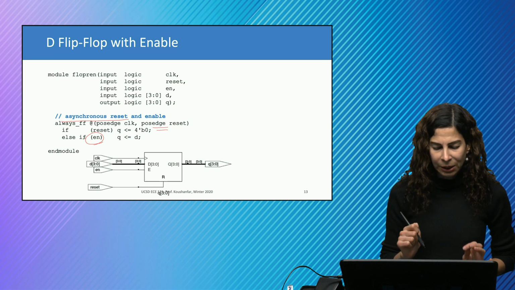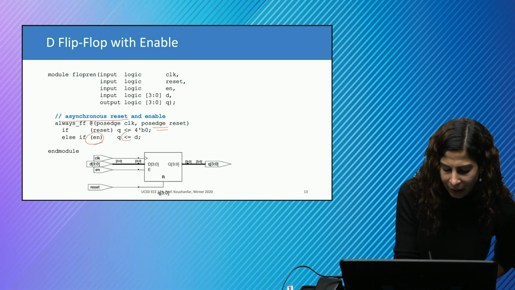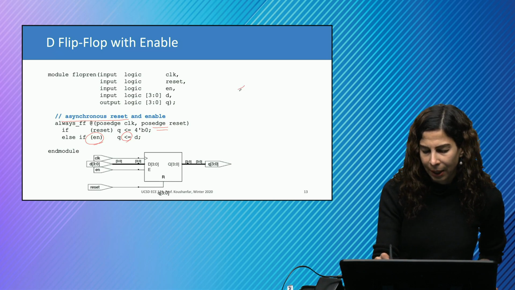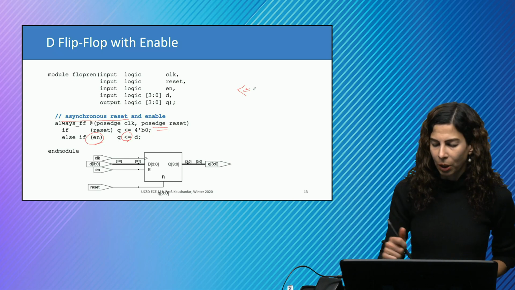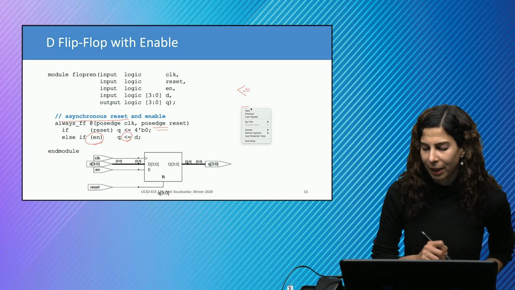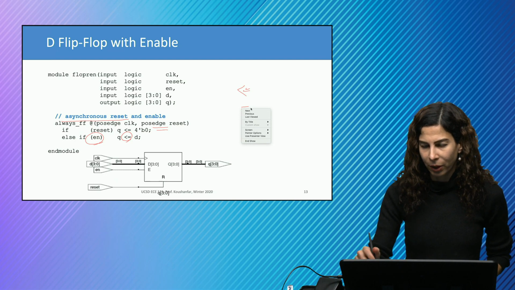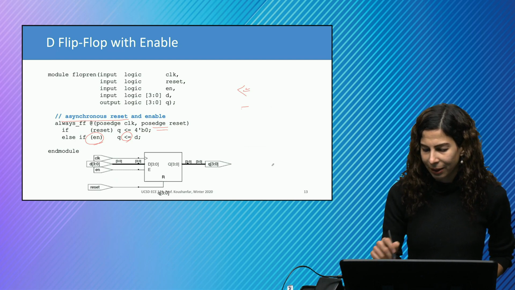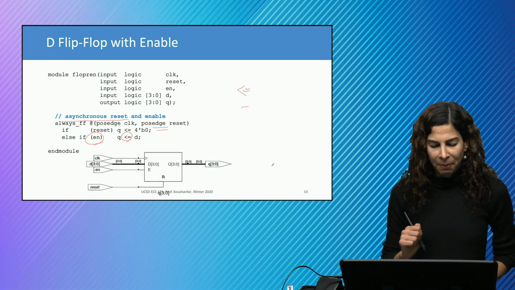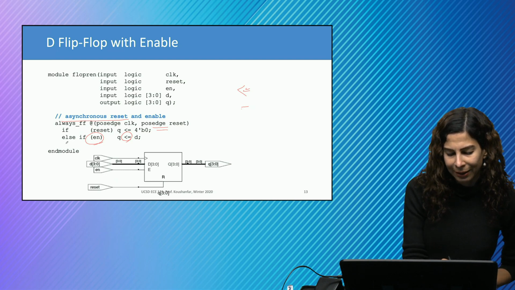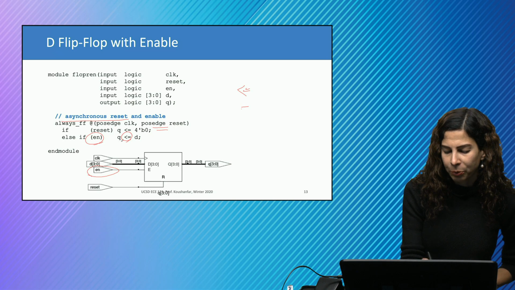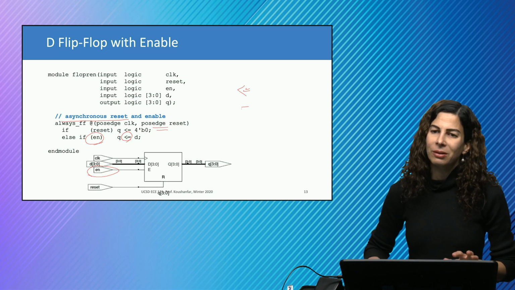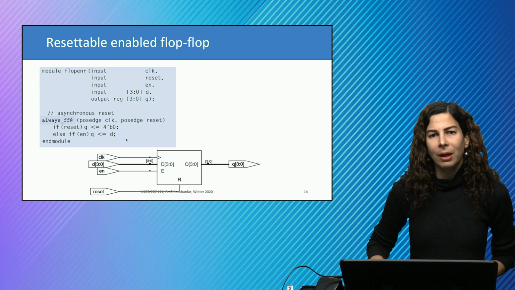Notice that in the last few slides I've been using the less-than-equal command, meaning gets, and not the equal sign we used for assignment before. This is something we will be discussing as we go through this lecture. Here is just one example of the use case: if the enable signal is asserted, then the output gets the value of the input. If enable is not asserted, it's not going to happen.